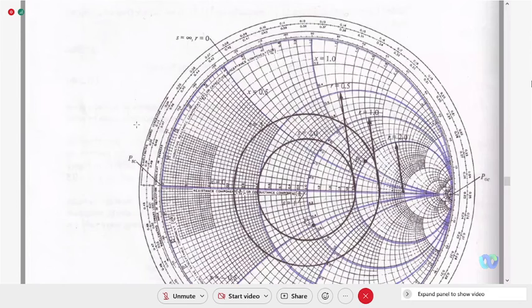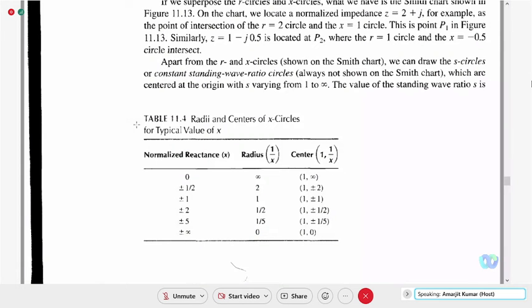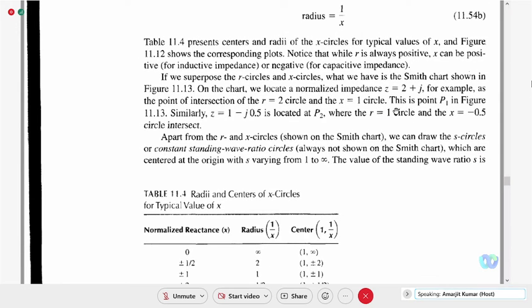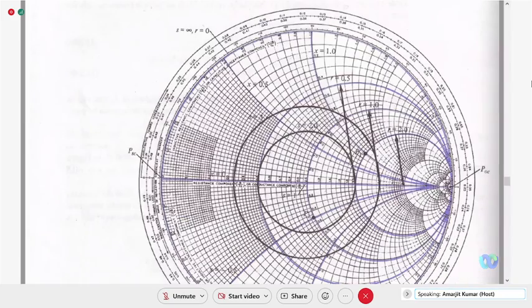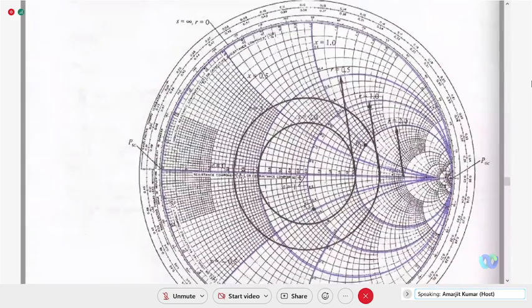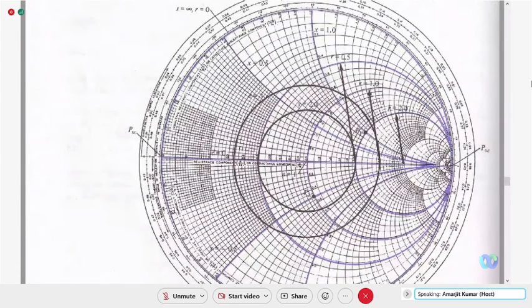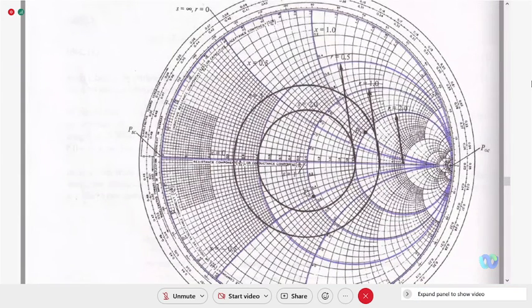So now suppose we want to locate some impedance on the Smith chart. Suppose we want to locate one normalized impedance, Z is equal to 2 plus J. Where is that impedance on this chart? What is R and X for Z is equal to 2 plus J?